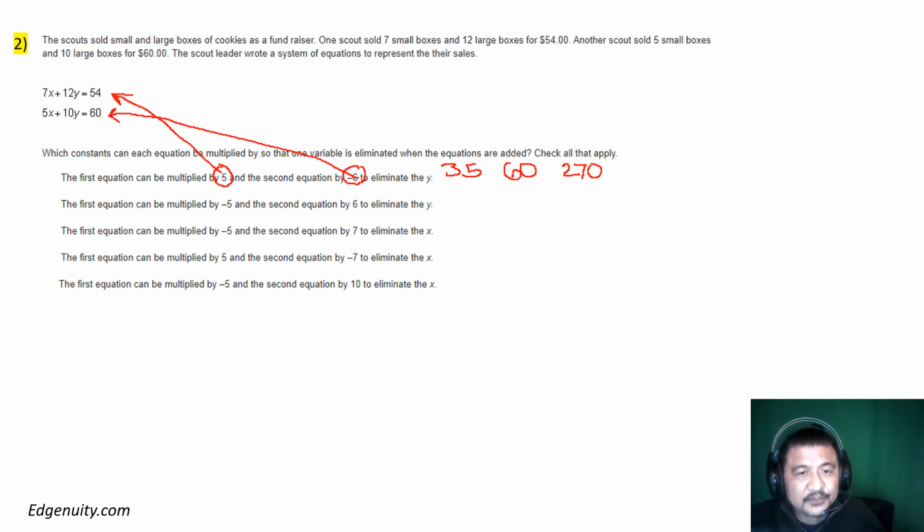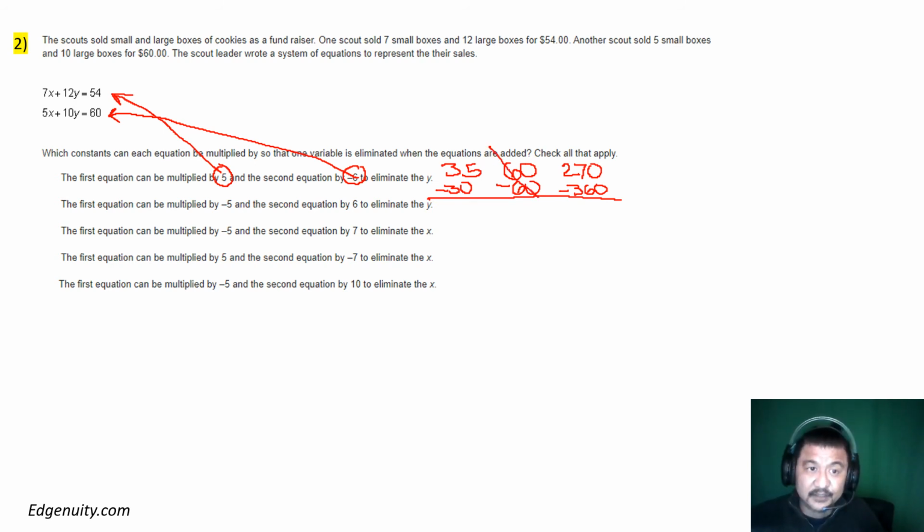Okay? So let's do the second equation. -6 times 5 is -30. -6 times 10 is -60. -6 times 60 is -360. Guess what? We can already cancel these two.